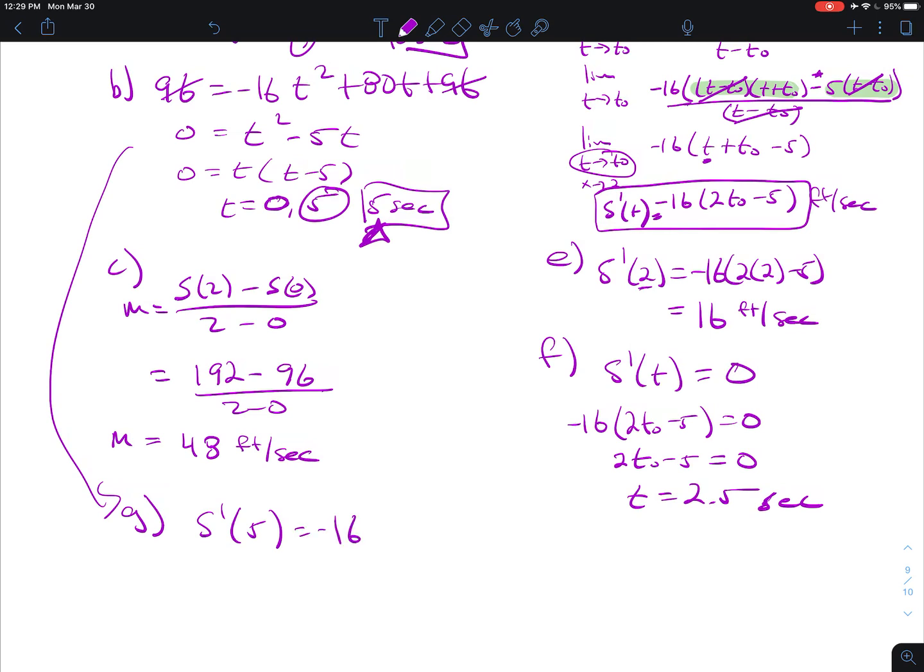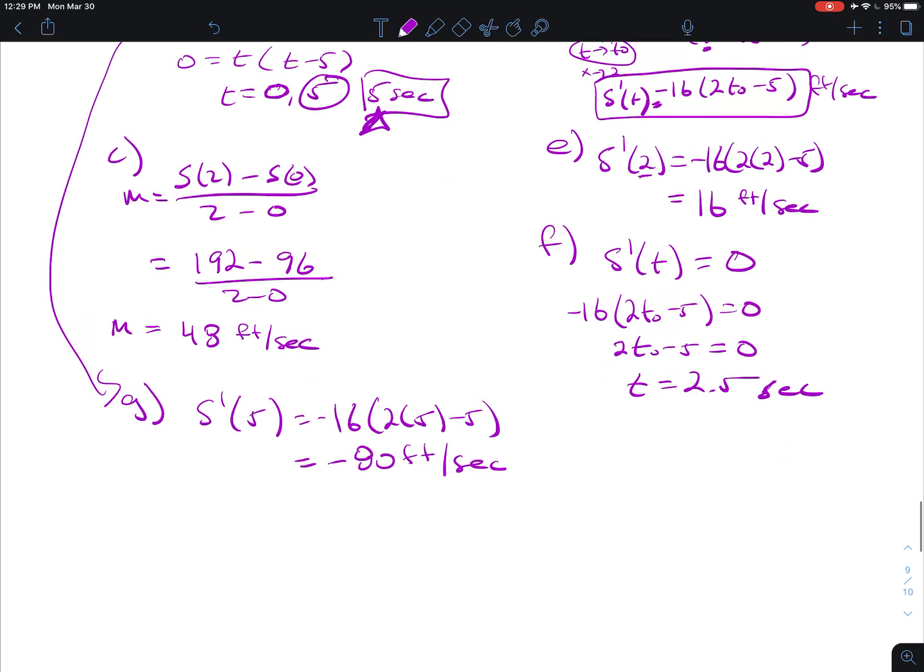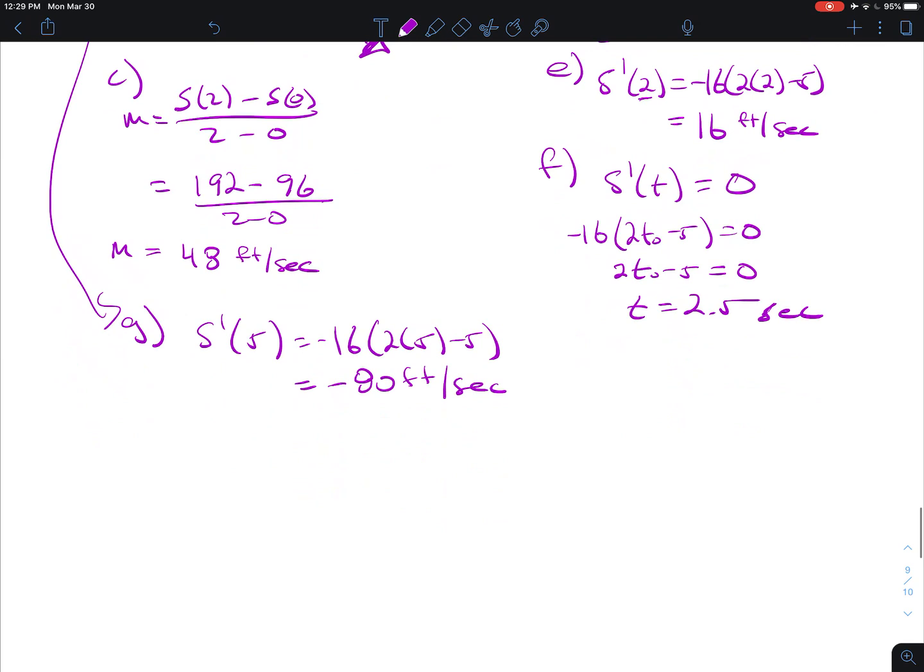That's negative 16 times 25 minus 5, which is negative 80 feet per second. And what the negative indicates is that the ball is coming down. The speed is 80 feet per second, but the negative is implying that it's headed down versus when he threw the ball up initially.